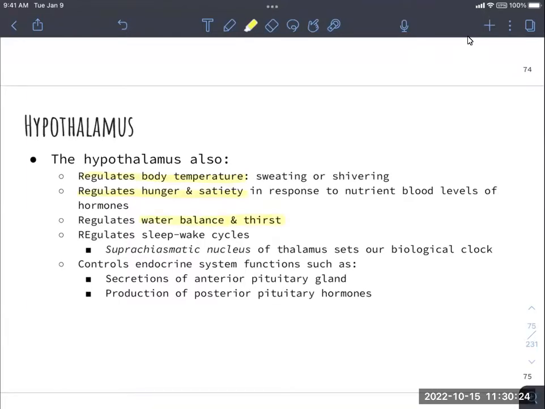Tells you when to drink water. Those sleep-wake cycles. The suprachiasmatic nucleus is specific to our biological clock. The hypothalamus also controls that pituitary gland and pituitary hormones. There's a lot of hormones from the pituitary gland that you'll learn about in Anatomy 2 in the endocrine system.